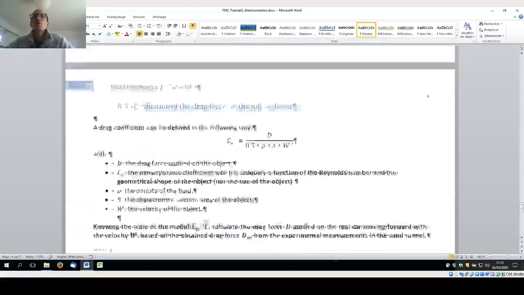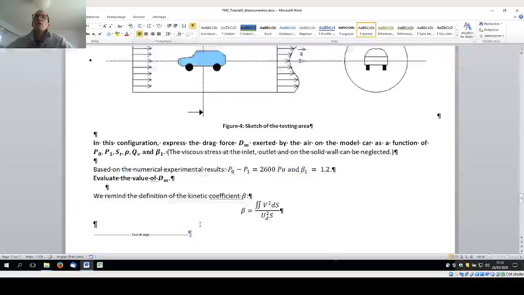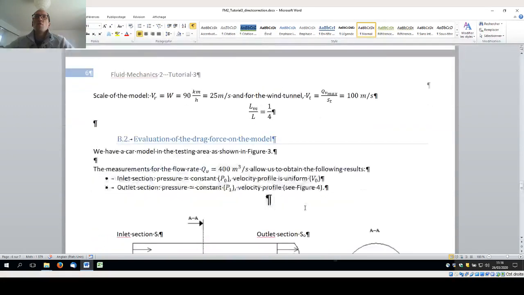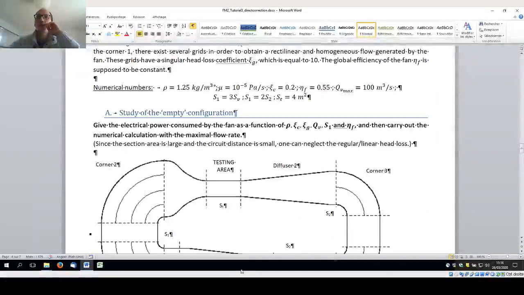So to finish, we now know we'll test our car at scale 1/4, and we now want to study what's happening more specifically in the testing area. The testing area, which is here.